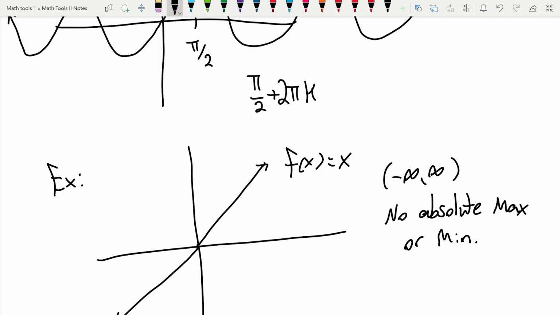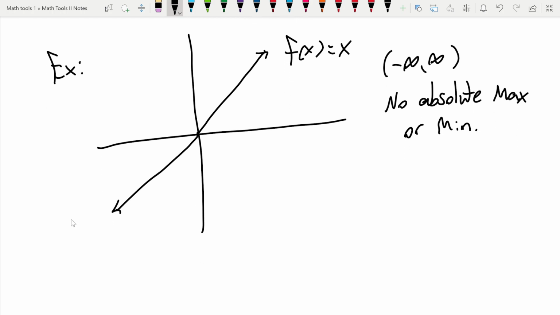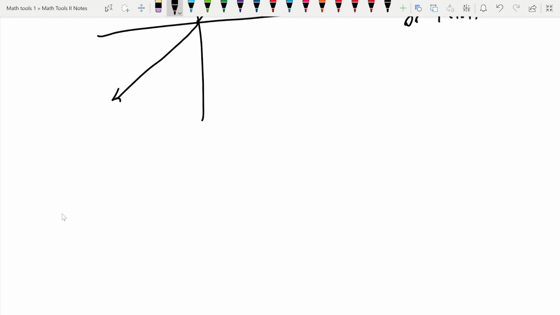So the next question would be, when do we have an absolute max or an absolute min? This is the theorem known as the extreme value theorem, which tells us when we have an absolute max or min.